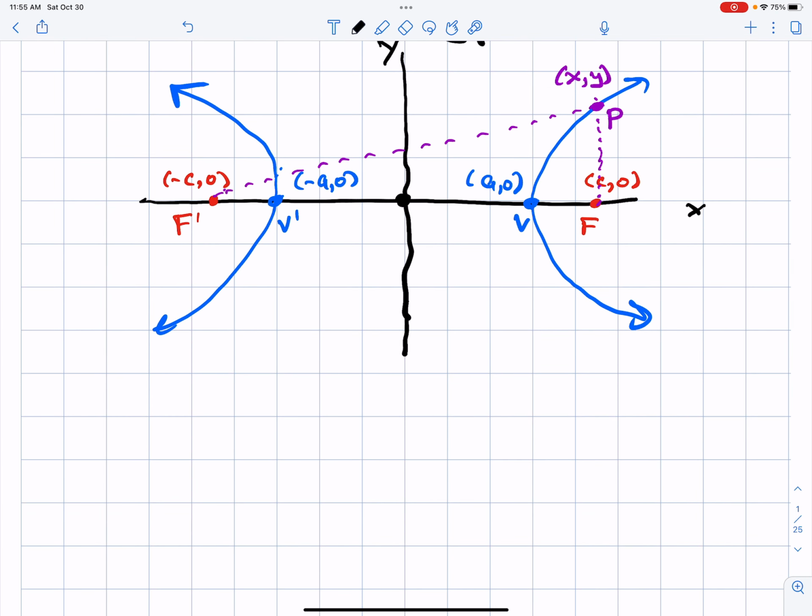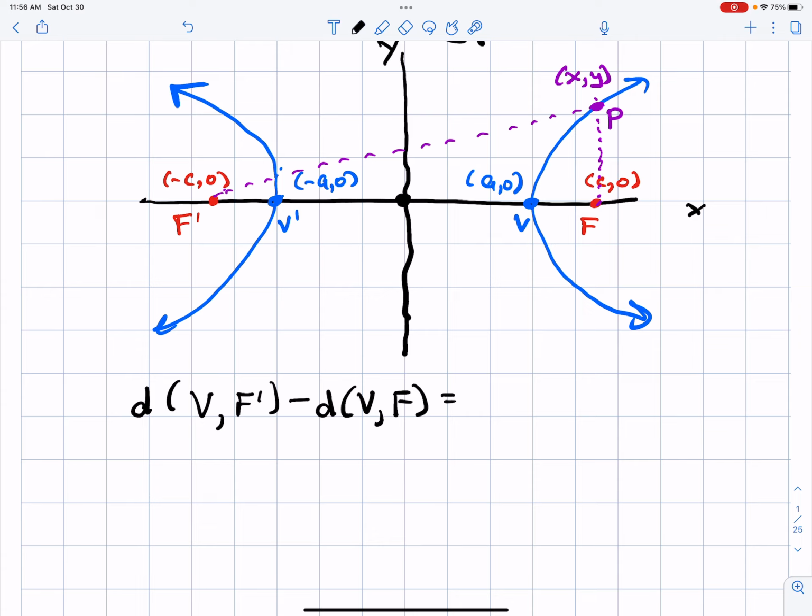Okay, so we know by the definition that the distances from any point P, for convenience sake, let's use the vertices. You could use P, with X and Y, since it could be any point according to the definition. So the distance from vertex V to F primed, subtracted by the distance from vertex V to F, we can work on that and come up with something.